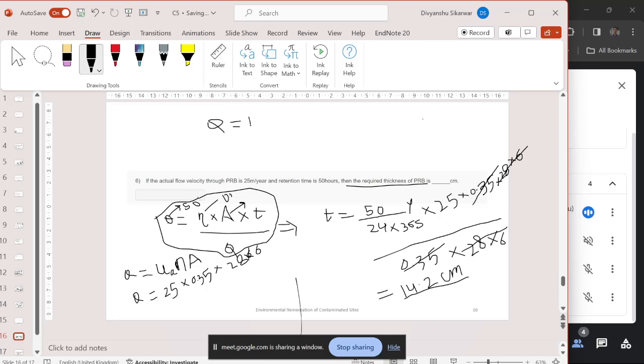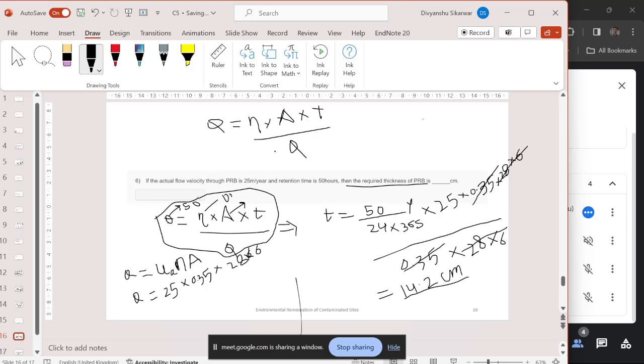It should be equal to velocity into area, where area is the cross-section area and T is the thickness, divided by discharge.